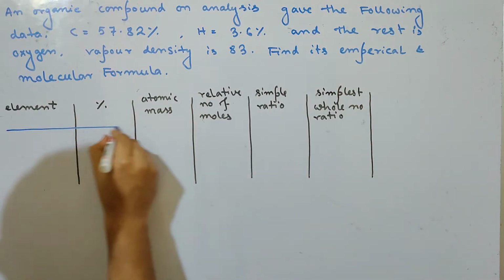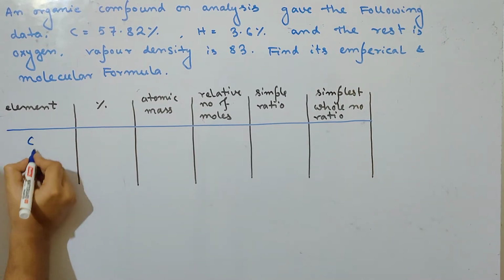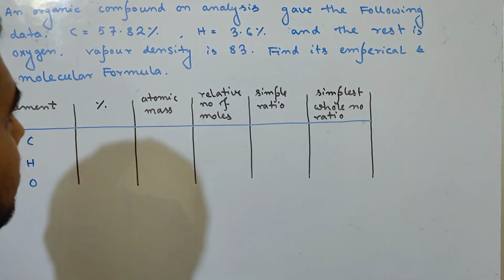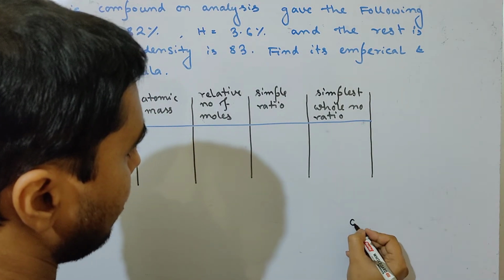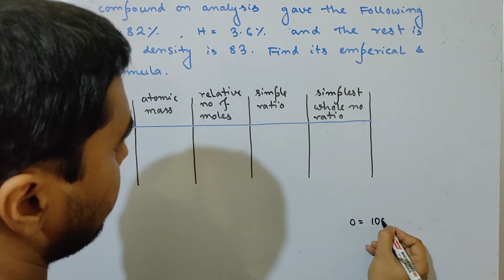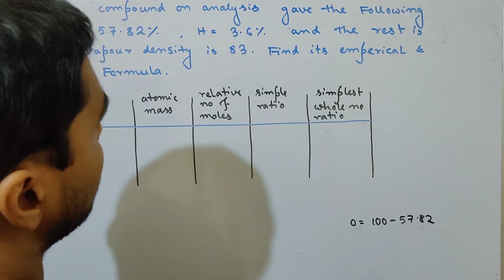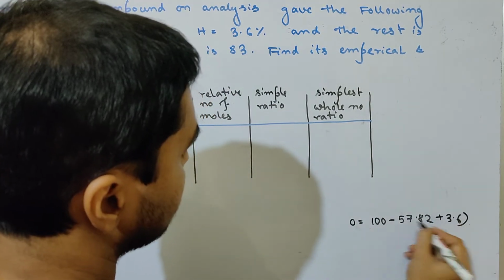And under these circumstances, the elements are carbon, hydrogen and oxygen. So definitely, first of all, let us find out the oxygen percentage. Here we can calculate the oxygen as 100 minus 57.82 plus 3.6%.